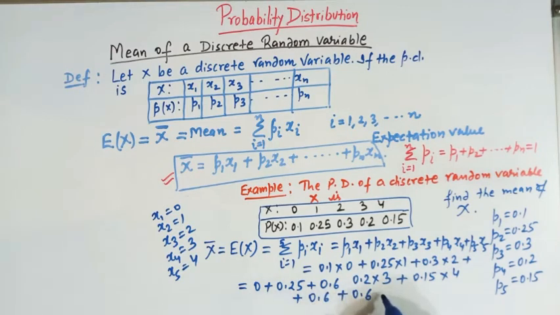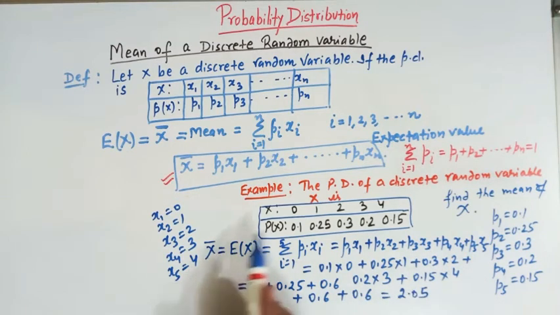And if we add all these numbers, we get 2.05, right? So the mean of this distribution is 2.05.